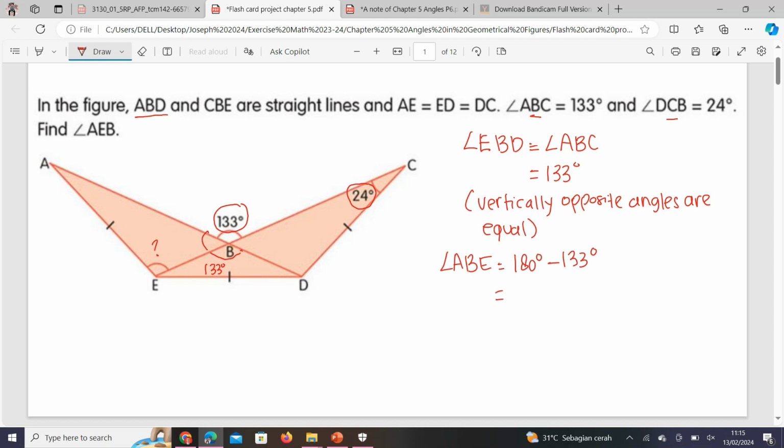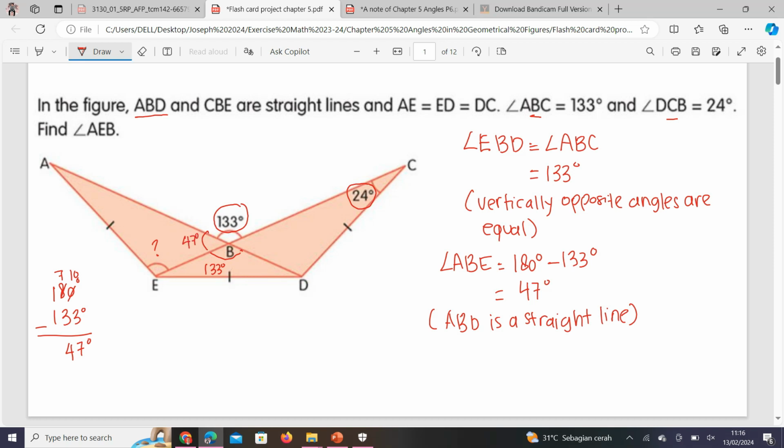So you can do this calculation: 0 minus 3, you can borrow, this one into 10, this one into 7, 10 minus 3 is 7, 7 minus 3 is 4, 47 degrees. Okay, this one equals 47 degrees, why? Because ABD is a straight line.